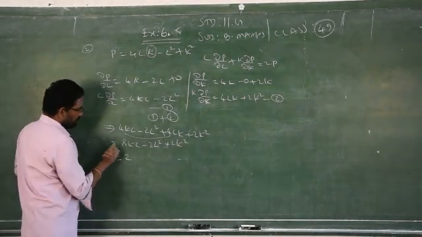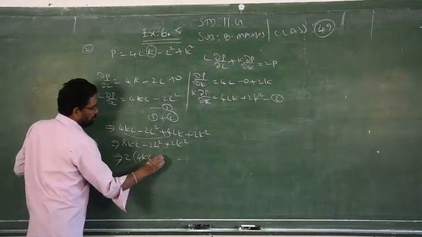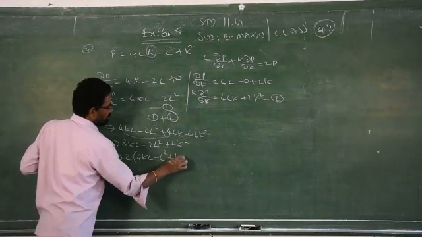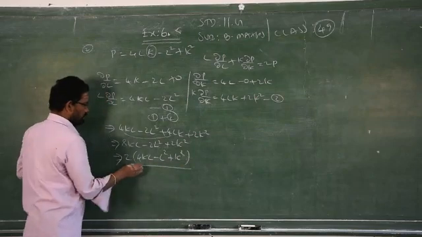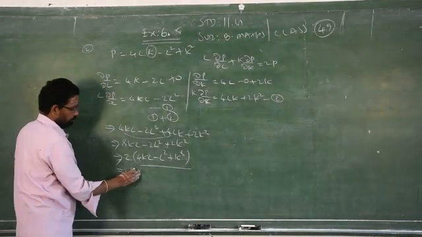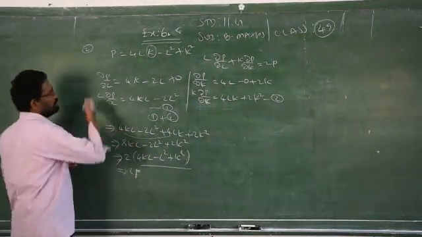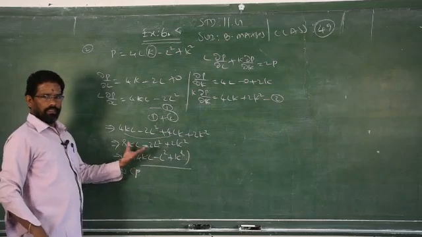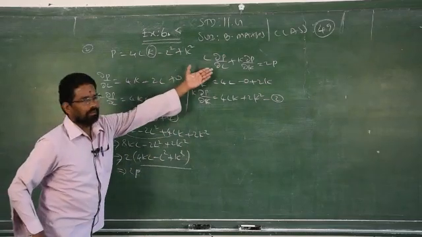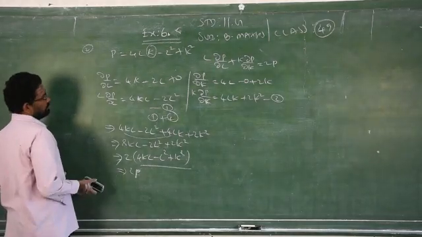Take 2 outside, that is 4KL minus L square plus K square. What is this? This is nothing but P. So hence proved. That's all. Clear? This is very simple. Just differentiate, add, simplify, and prove the result. I proved it. Clear? Very simple to prove this concept.